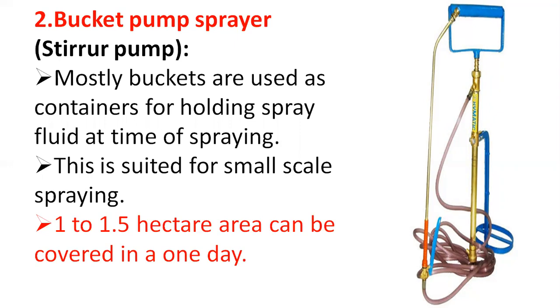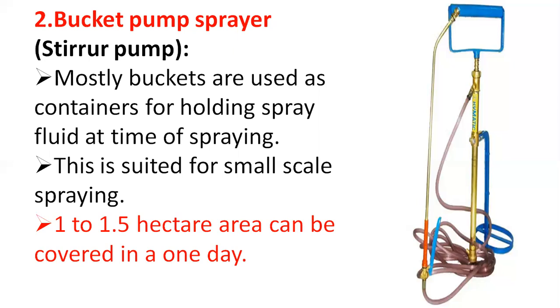In this image we can easily see the lance that we put inside the container holding the spray fluid. The bucket is filled with the chemical solution, and it is suited for small scale spraying. About 1 to 1.5 hectare area can be sprayed in one day. So that is called a bucket pump.